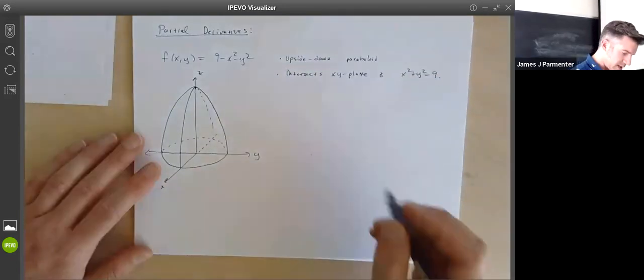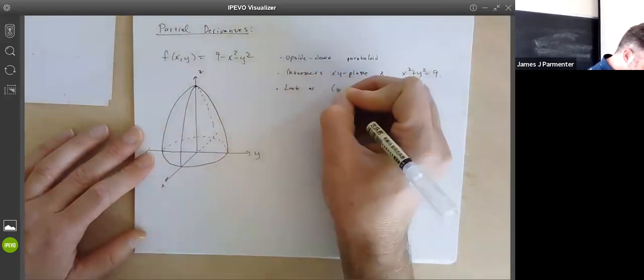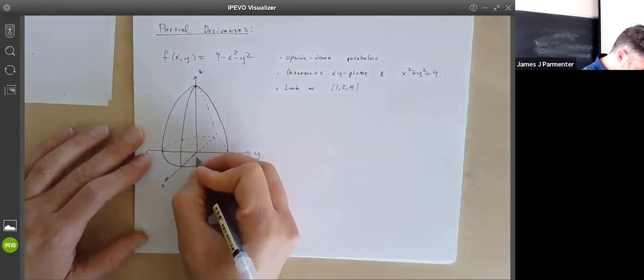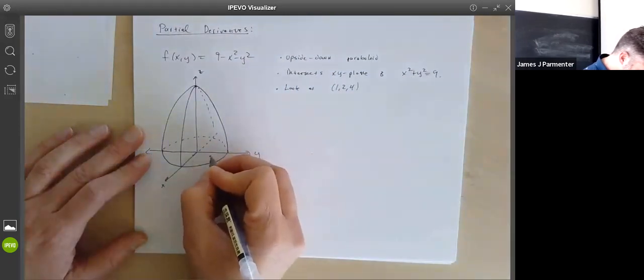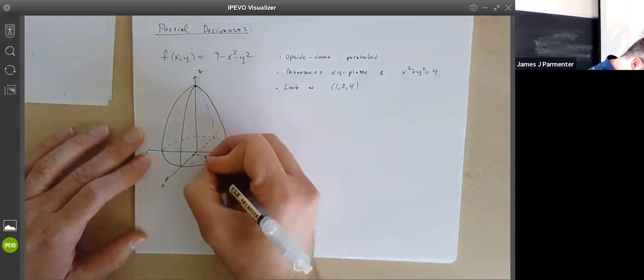So let's look at what's happening at the point 1, 2, 4, which is 1 in this direction, 2 in that direction, maybe like there, and 4 in that direction.